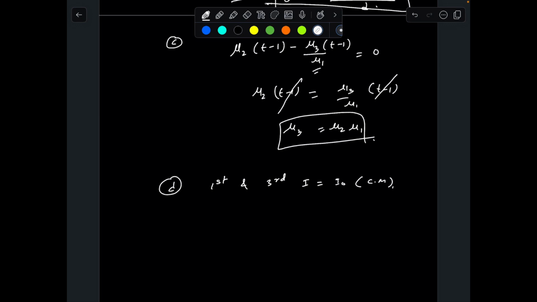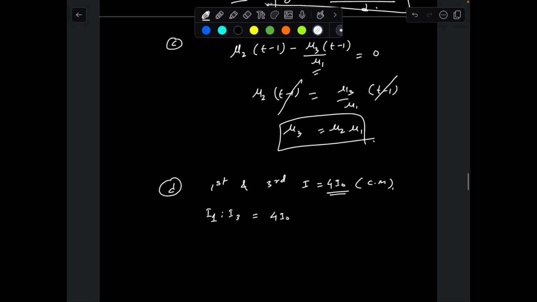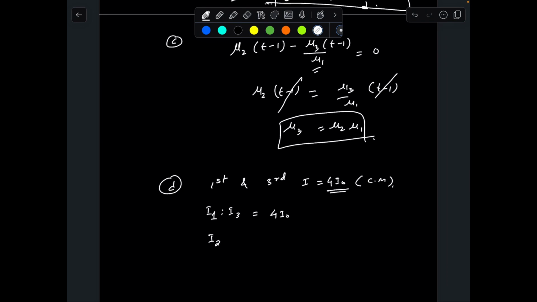If the intensity of light coming from every slit is I naught, then at central maxima it will be 4 I naught. So I2 we know is 4 I naught cos square phi by 2.